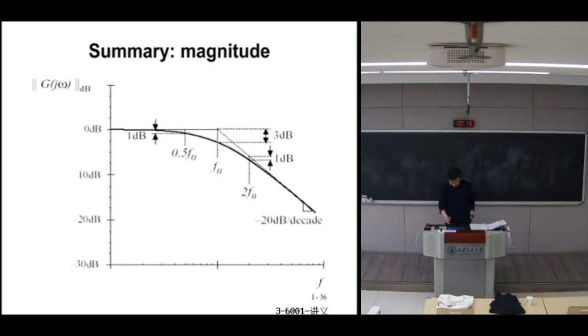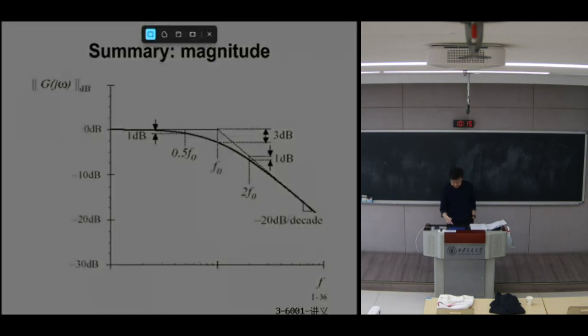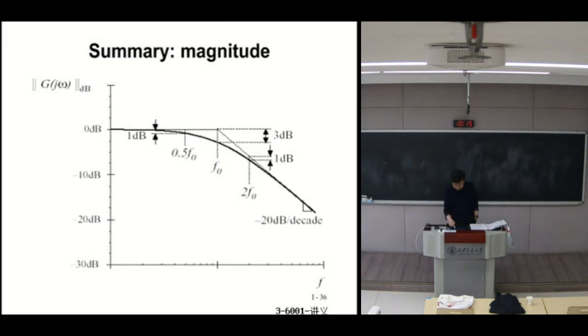You can see this bold curve is the actual Bode plot. These two sections of straight lines are the asymptotes. Of course, there are differences, there are errors.